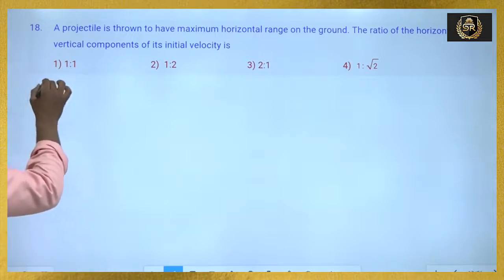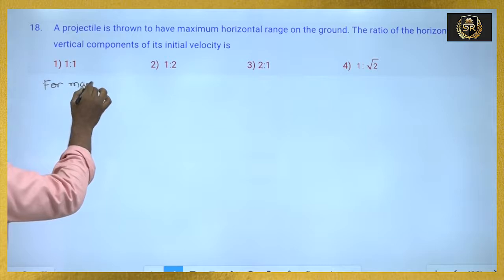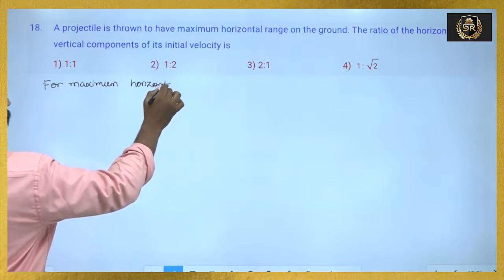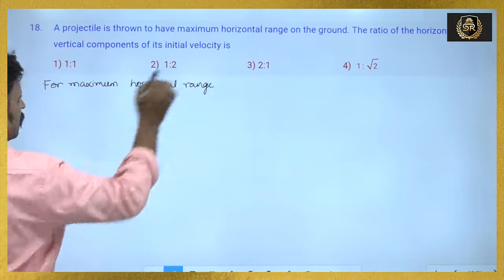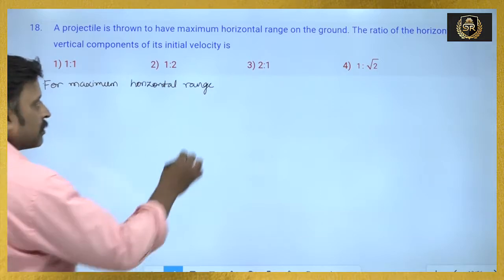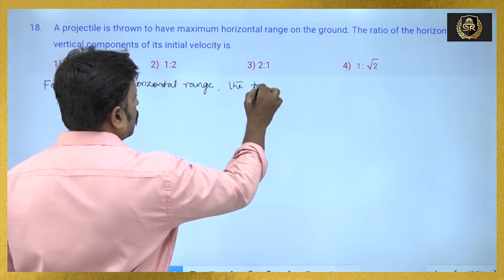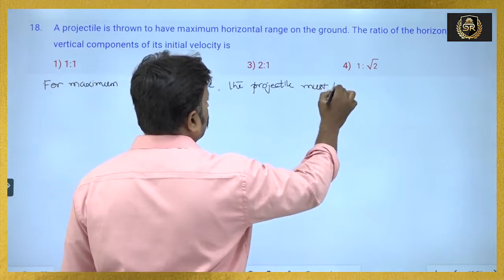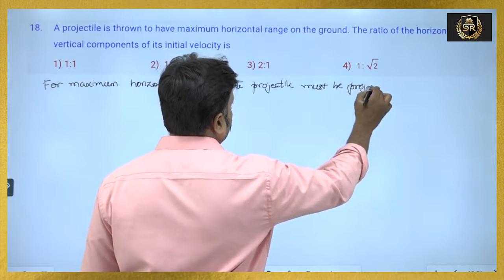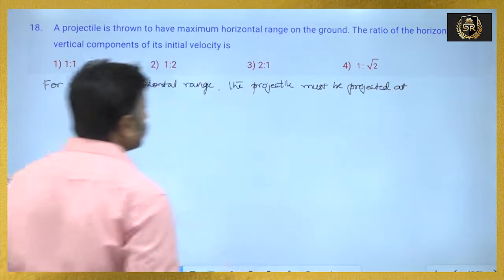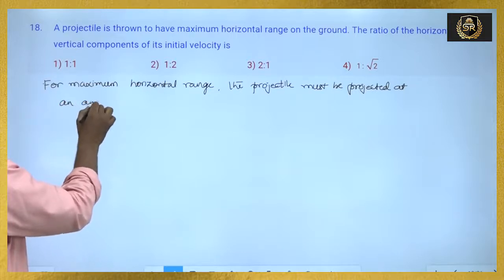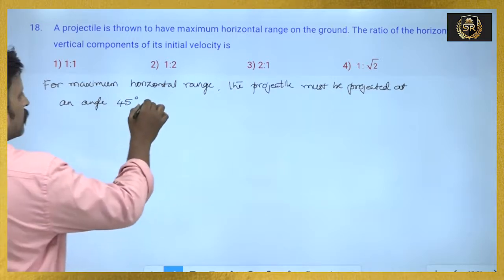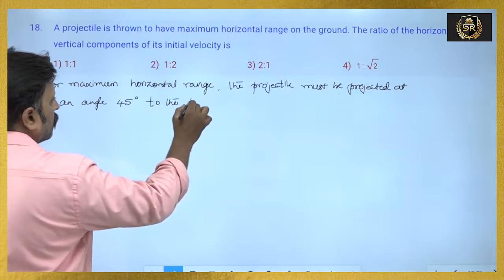For maximum horizontal range, the projectile must be projected at an angle 45 degrees to the horizontal.